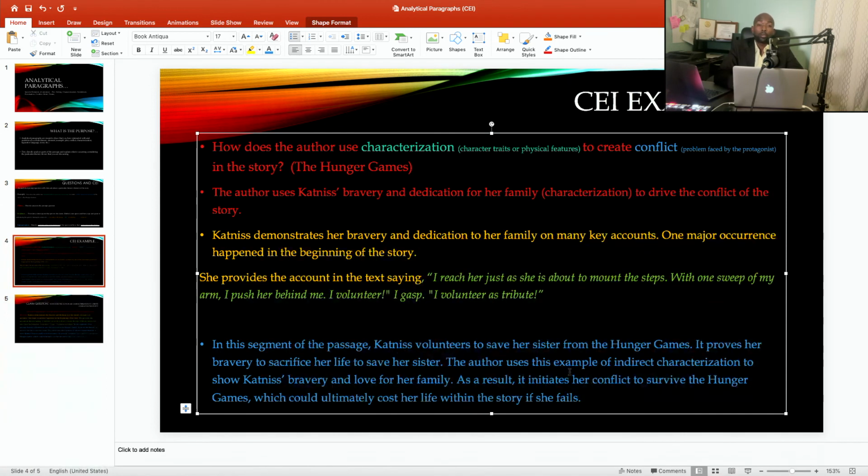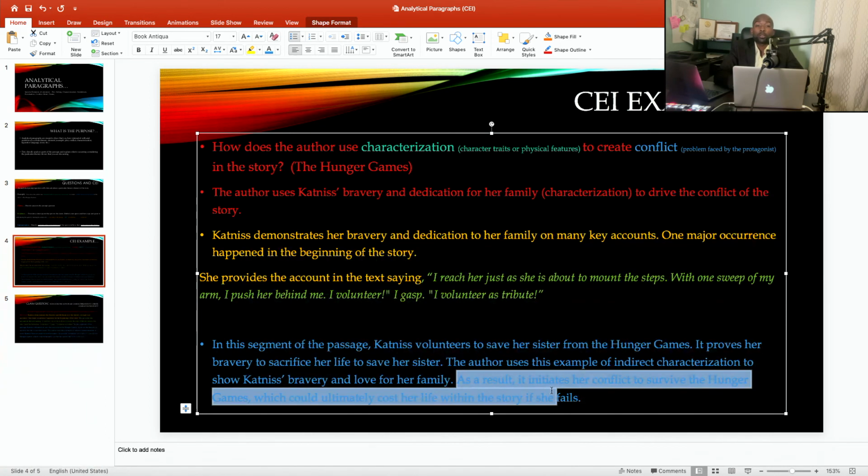So in other words, since Katniss was so brave and dedicated to save her sister, that's what started the conflict for her to have to survive the Hunger Games herself. If she hadn't been so brave, she would not have had to survive the Hunger Games herself. But because she was, she had a conflict of her own to endure throughout the story.